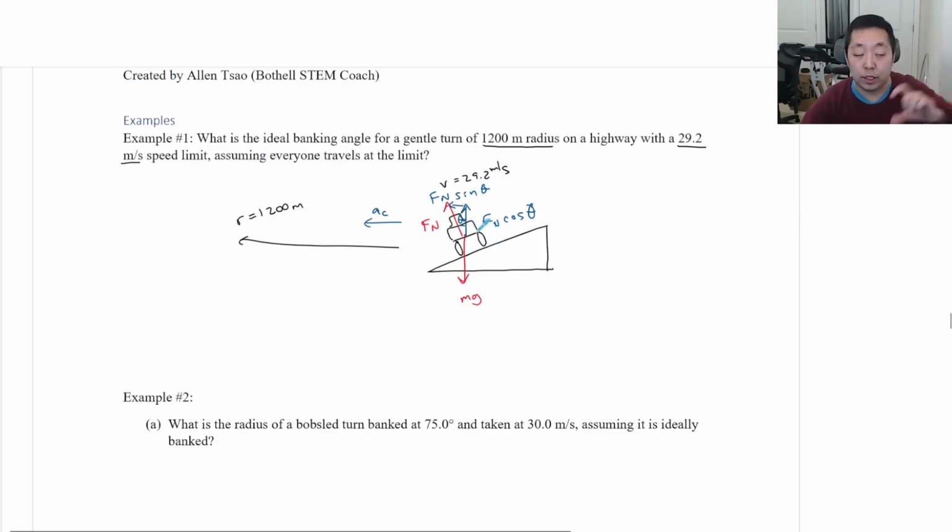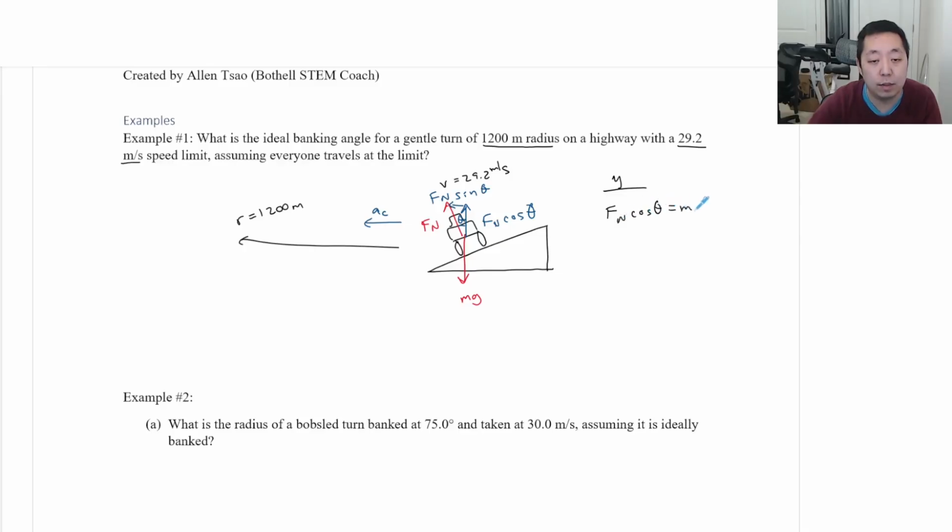In the vertical direction, there's no acceleration up and down. It's sitting there. The only acceleration is towards the center of the circle. That means in the y direction, the vertical forces cancel: Fn cosine theta equals mg.